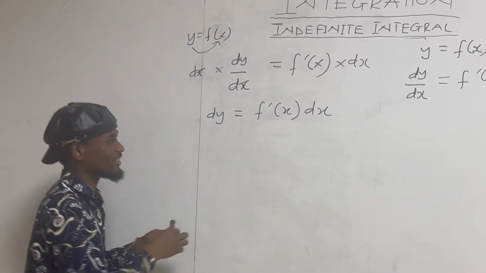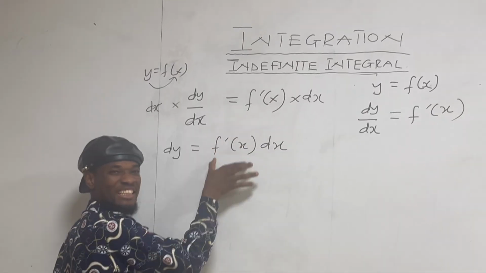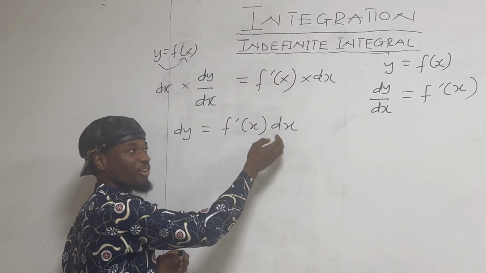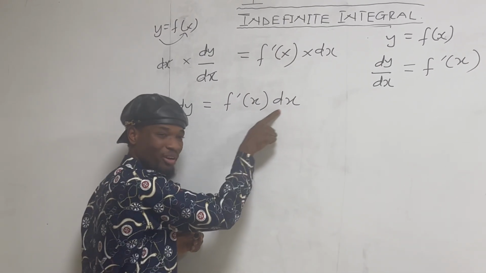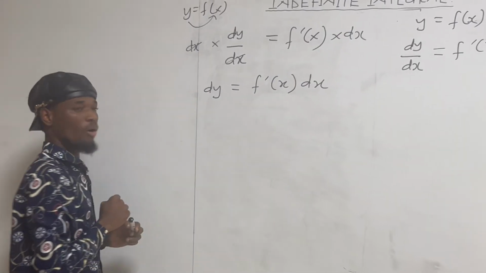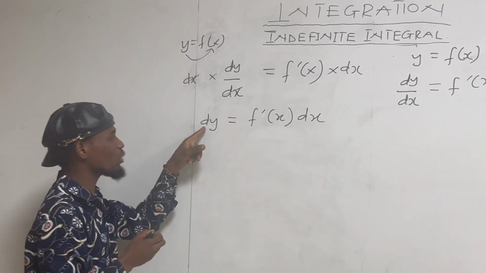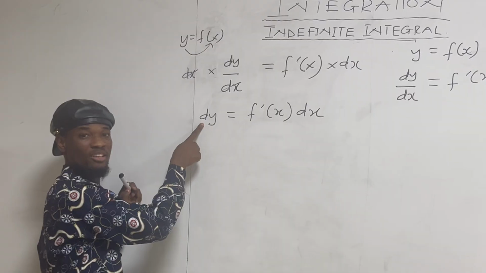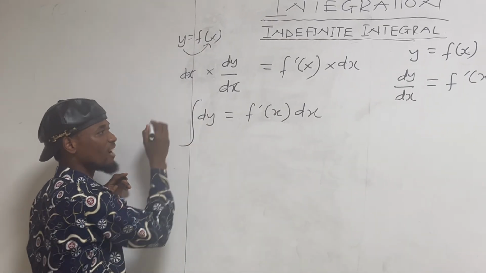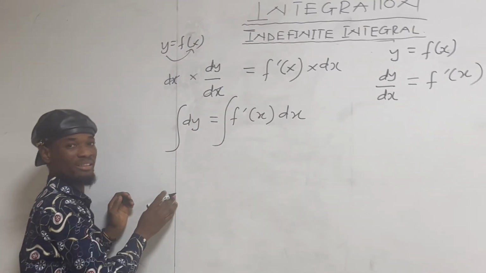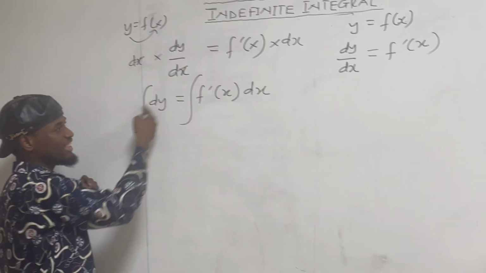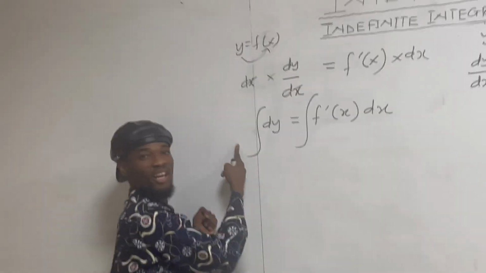So viewers, this is the differential, and this is what? We are differentiating with respect to what? With respect to x. Okay, in order to eliminate the d, what do we do? We take the integral of what? Of both sides. So that this d nullifies what? The integral sign.